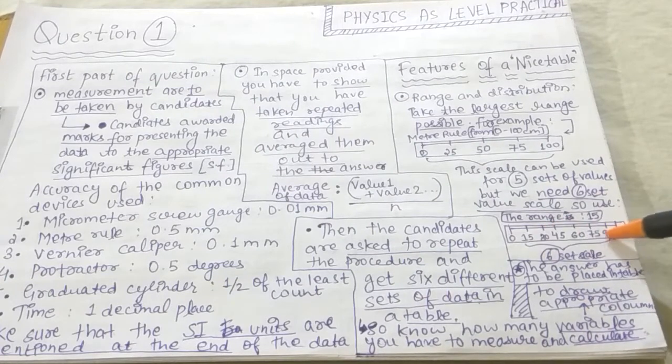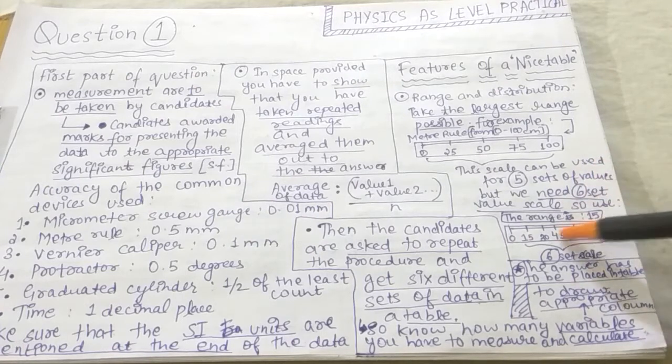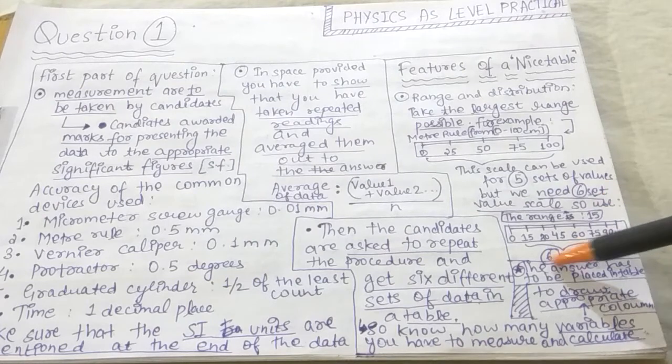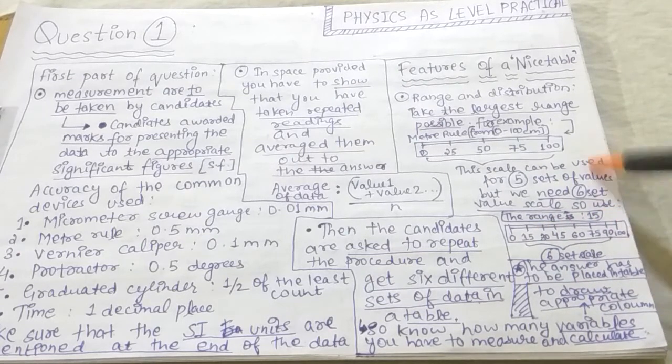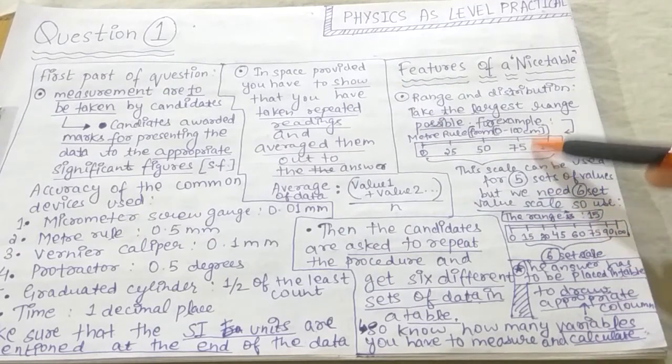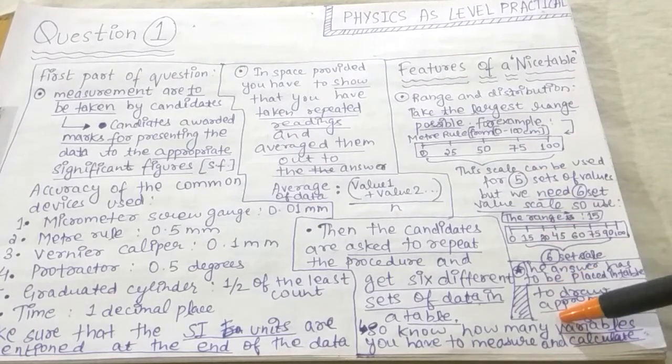If we need 6 equal range sets, then we have to use this scale. The answer has to be placed in a table. I have told that 15, 30, 45, 60, 75, 90 will be your scale, so you have to write 15, then 30, then 45, 60, 75, 90.